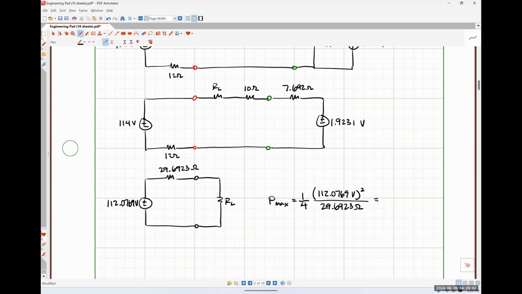So 0.25 times what I have stored as x squared divided by what I have stored as y gave me 105.7617 watts. And let's just check. That is indeed the correct answer.